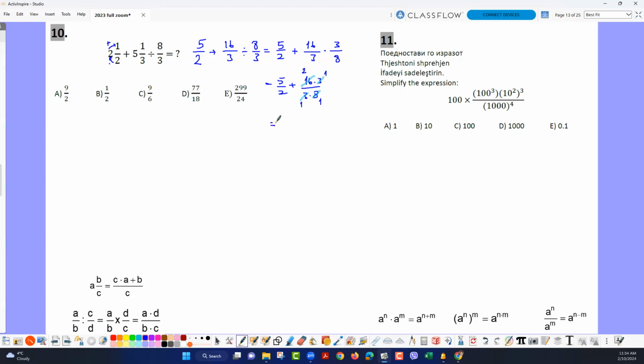So the result is 5 over 2 plus 2. 2 times 2 is 4, plus 5 is 9, so 9 over 2, we keep the denominator the same. So the answer is A.